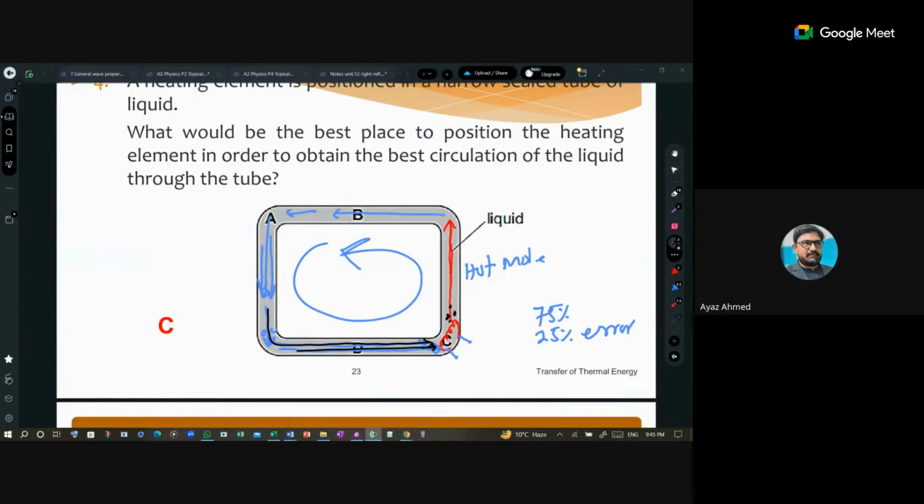Due to that, an avalanche will start for the molecules. All of the molecules will sink down and all the molecules will move forward. Space would be created. That's why this type of movement would be created in this tube this way, an anti-clockwise movement. Is this clear to all of you?